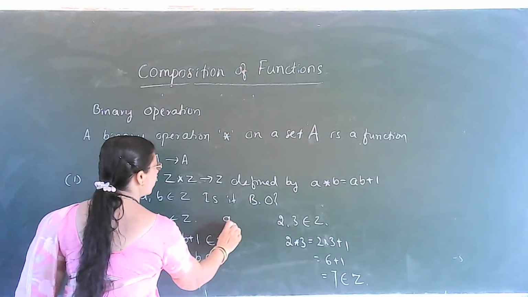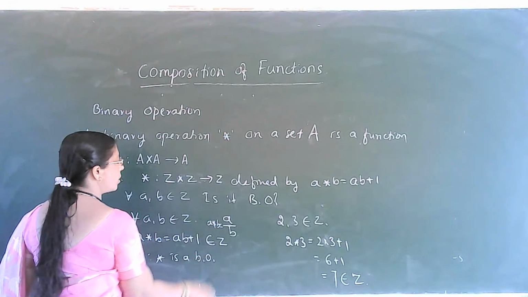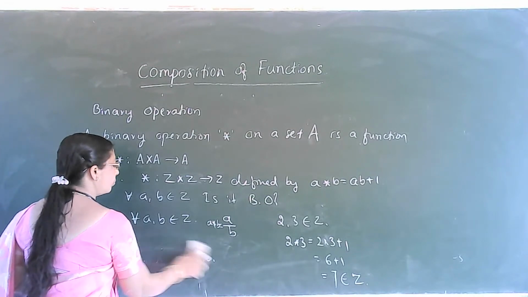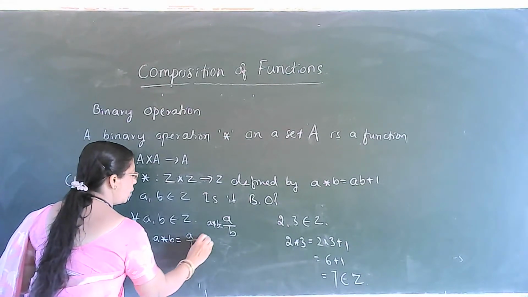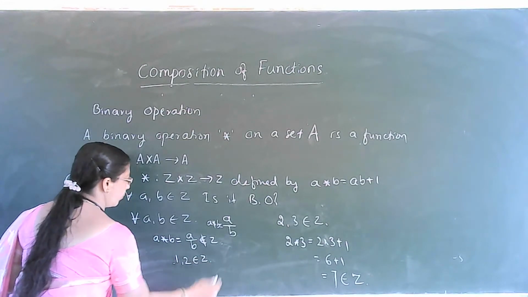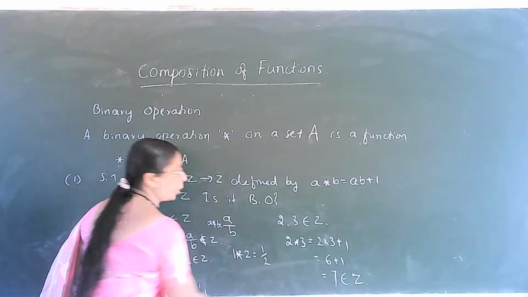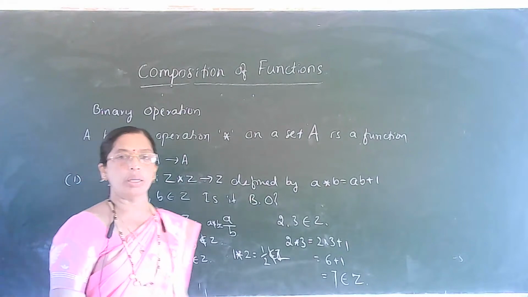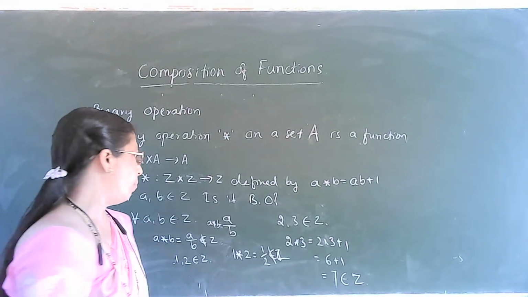If star is a function where A star B equals A by B, then A by B does not belong to Z. For example, 2 belongs to Z, but 1 star 2, which equals 1 by 2, does not belong to Z, because Z is the set of integers and does not include rational numbers.